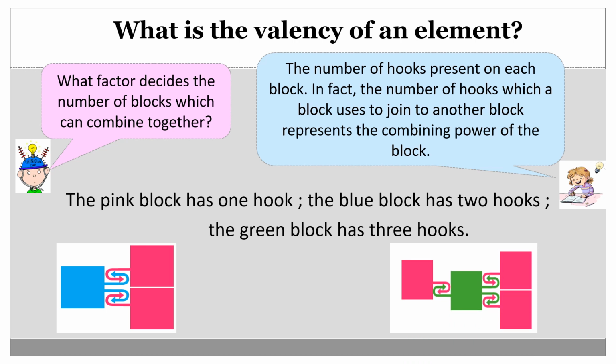On the other hand, each green block combines with three pink blocks. This is because the green block has three hooks. So the green block uses its three hooks to combine with three different pink blocks.